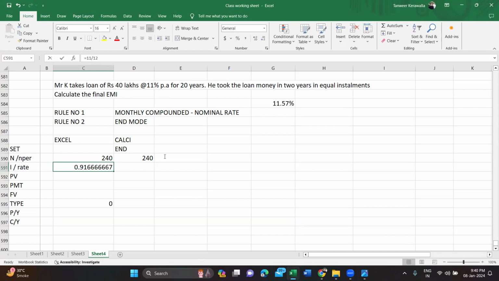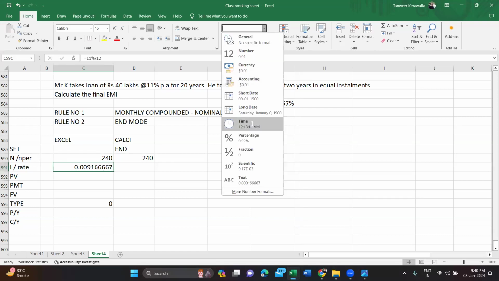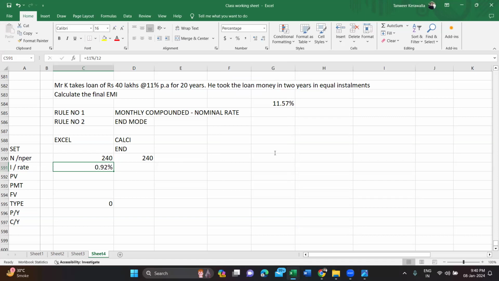I convert this into percentage format, and that's 0.92%. That's your monthly rate, right? Since it's by default a nominal rate, you can directly divide by 12 to get the monthly rate.